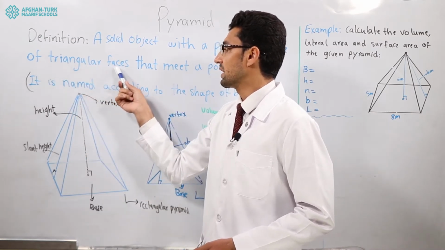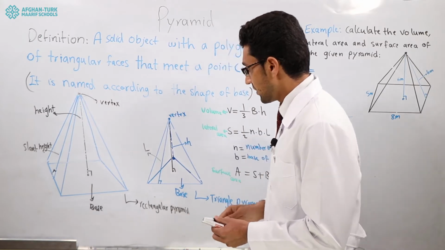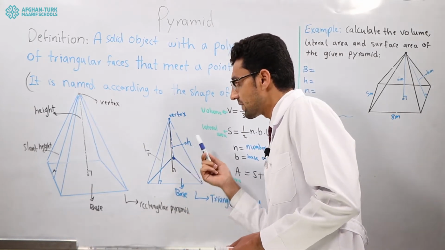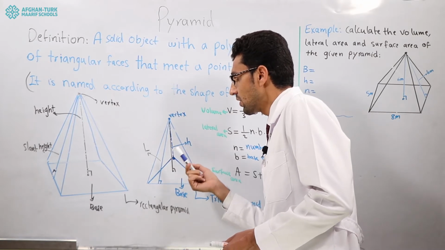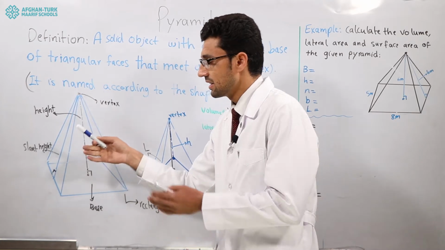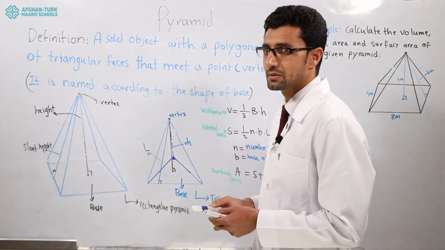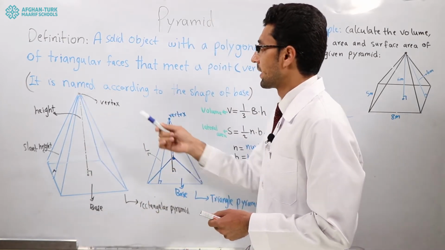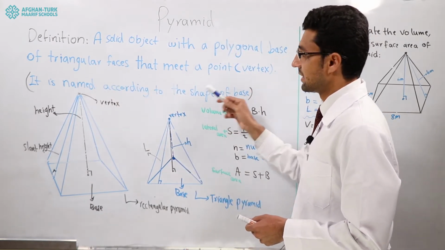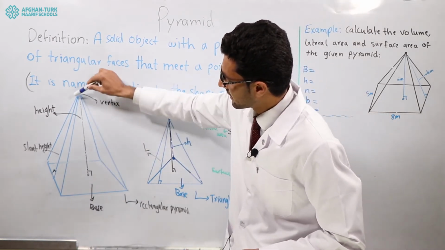With a polygonal base and triangular faces. Look at these two shapes. As you see, the sides of the pyramids are all triangles. This is a triangle, this is a triangle. Back and front are triangles. Triangular faces that meet at a point, all of them.